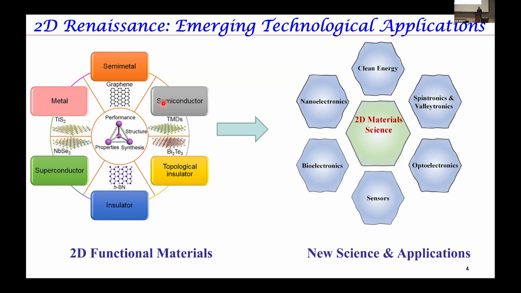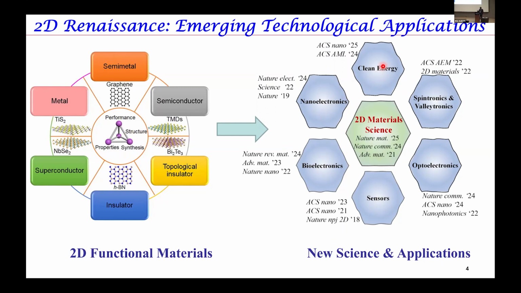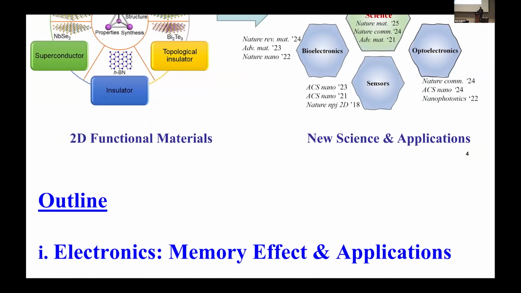We have been very fortunate to have a multidisciplinary group from chemical engineering, material science, mechanical engineering, and electronics to try to take advantage of the unique functions in this portfolio of materials and leverage them for new applications in bio, sensors, energy, optics, spin, and so on. In this particular talk, I'll just focus on our work on nanoelectronics and clean energy, but I'll be happy to talk to anybody on any of these other topics.